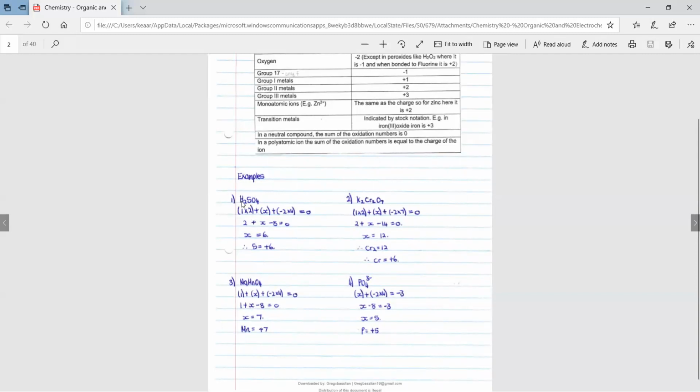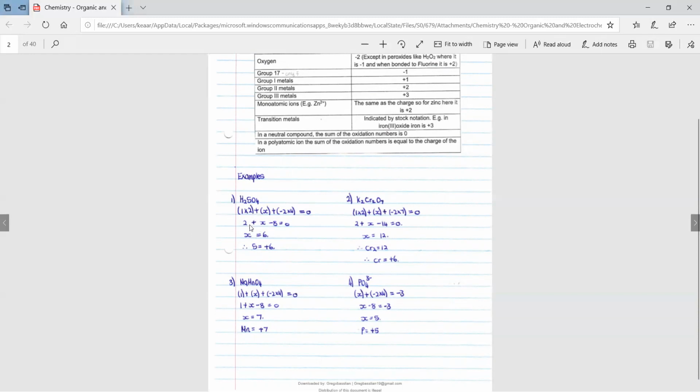Hydrogen has an oxidation number of +1, and there are 2 hydrogens, so we multiply by 2. We then add what we don't know, sulfur, which is x, plus oxygen, which is -2, times 4 because there are 4 oxygens. We make that equal to 0 because the sum of the oxidation numbers is 0 in a neutral compound. So we have taken the sum of the oxidation numbers and made it equal to 0 to solve for the unknown oxidation number.